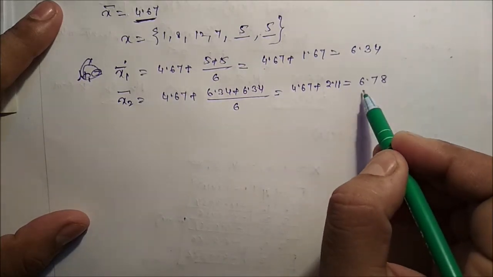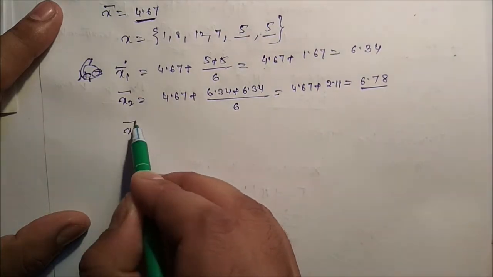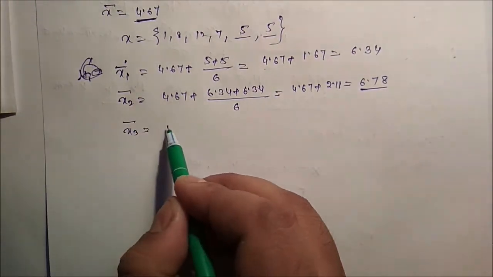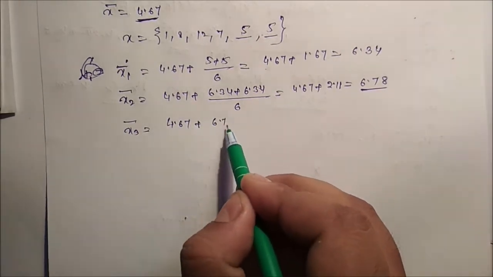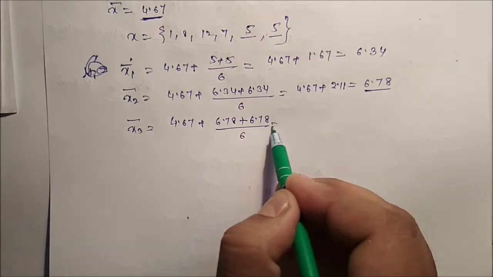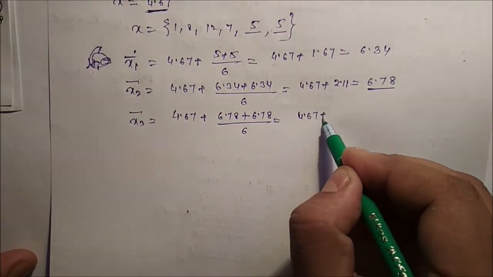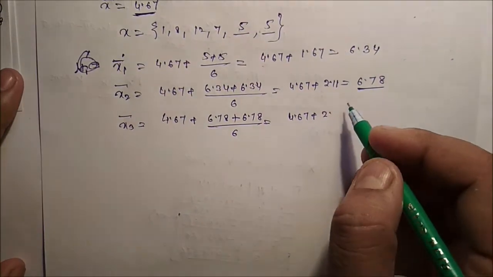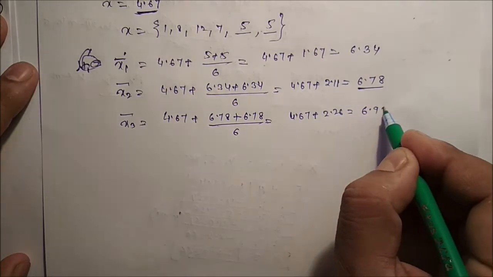In the next iteration, we assume this is our missing data, so it is 4.67 plus 6.78 plus 6.78 divided by 6, which is 4.67 plus 2.26, that is 6.93.